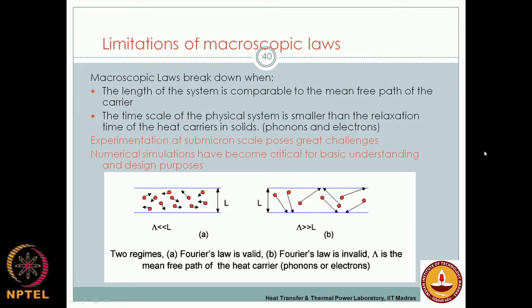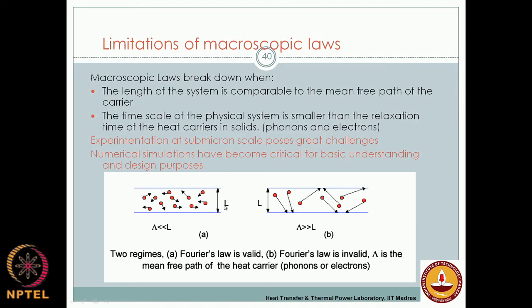Generally, the macroscopic laws break down under two conditions. One is when you compare your characteristic length scale with the mean free path of the energy carriers. That is the first criterion to decide whether you can use the continuum equations or not.